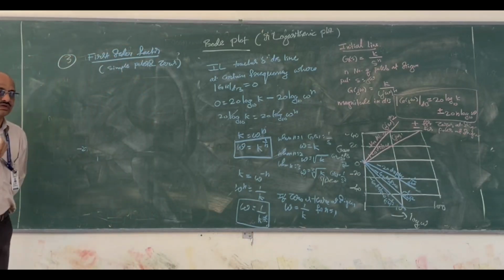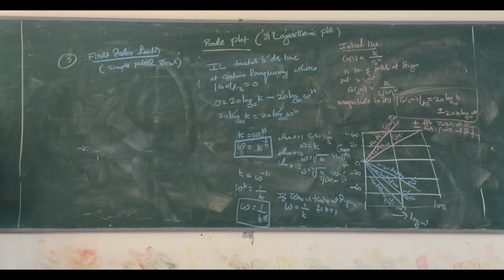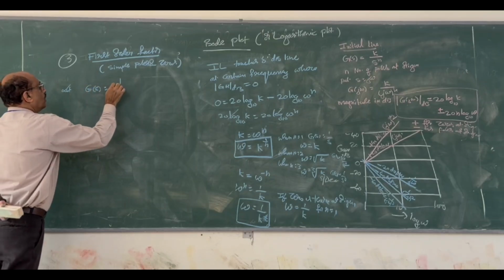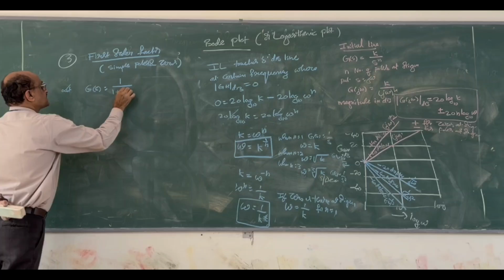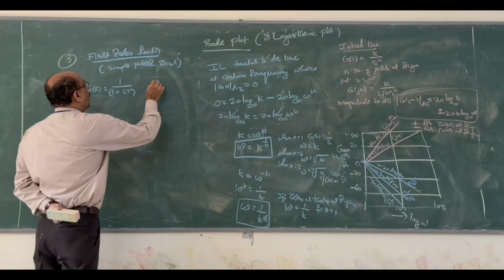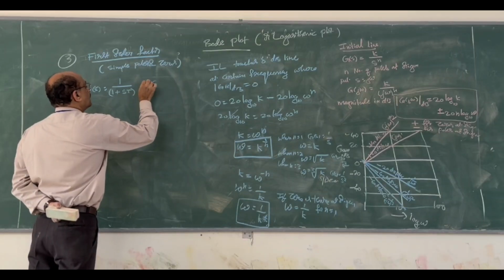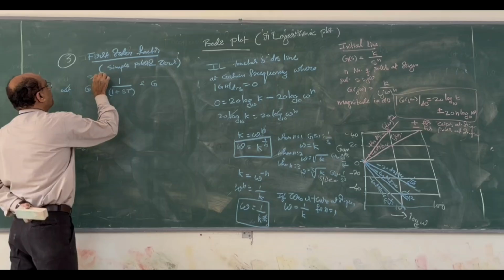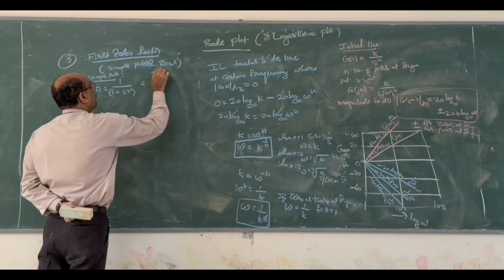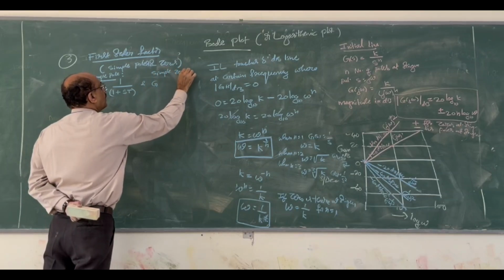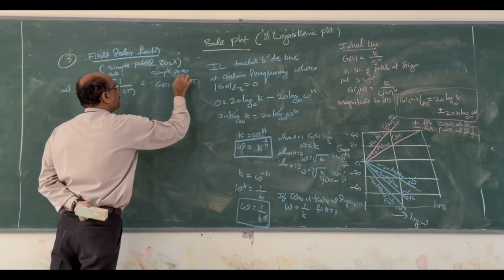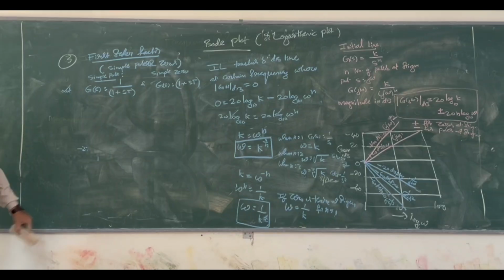Right? So simple poles and zeros, derived together, are in this form: G of S is equal to 1 over 1 plus ST, this is a simple pole, or G of S is equal to 1 plus ST, a simple zero.